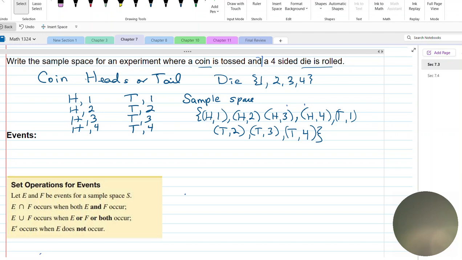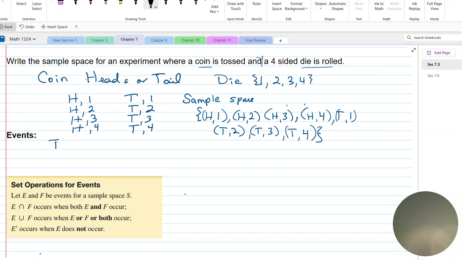Events. In an event, we're talking about a desired outcome. I should say it's the stated expectation of a specific outcome.